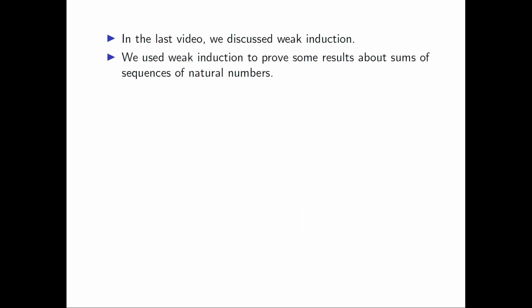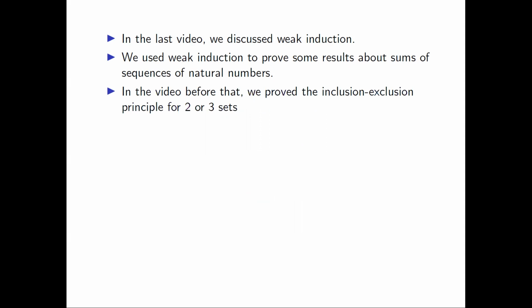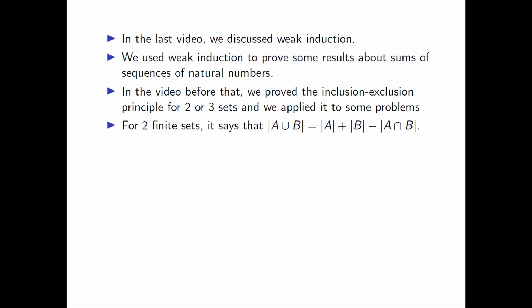So we saw the inclusion-exclusion principle for 2 or for 3 sets in a previous video. To recap, when we have 2 sets, A and B, the inclusion-exclusion principle says that the cardinality of the union of A and B is equal to the sum of the cardinalities of A and B minus the cardinality of their intersection.